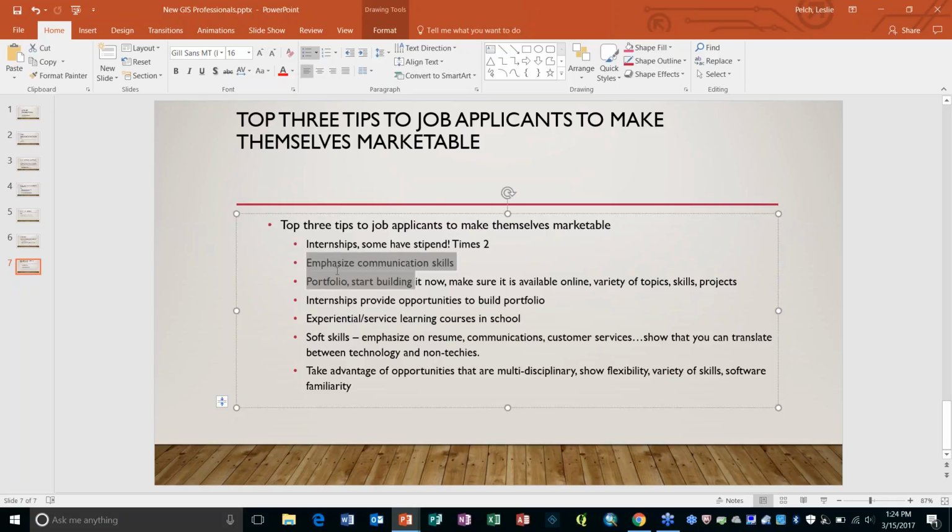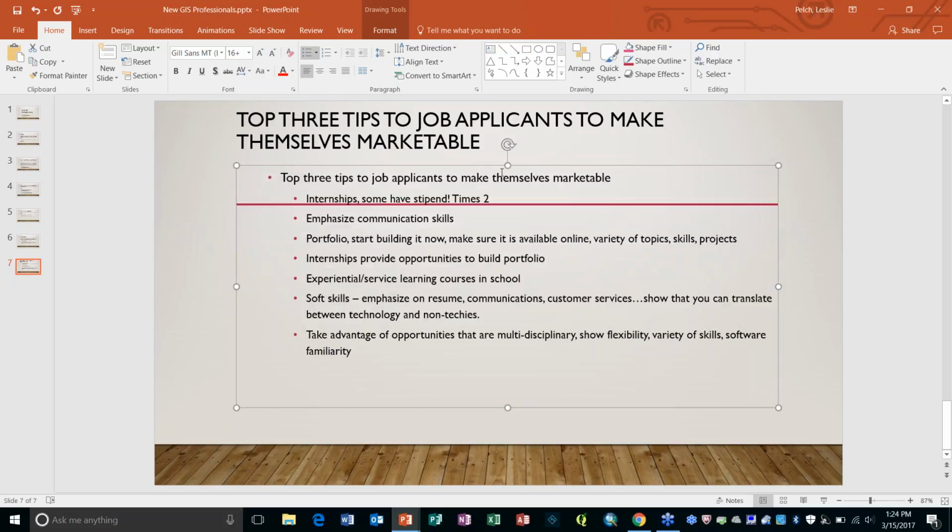And I'm going to look at this a little bit differently: making someone marketable, you may have an incredible series of skills, but you need to make sure that that's presented to your employer through your resume and also your job application to ensure that that information is being conveyed in the right way.